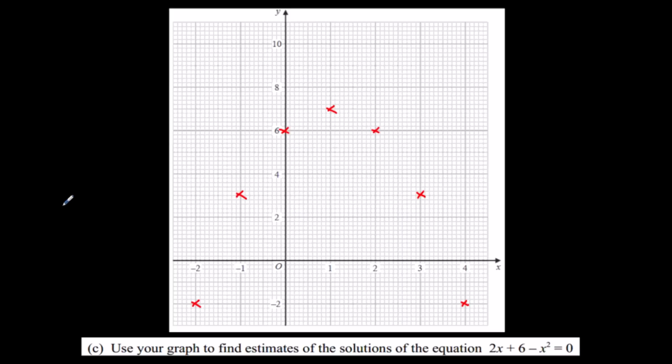And again, joining them up with a curve. So we have a curve something like that.